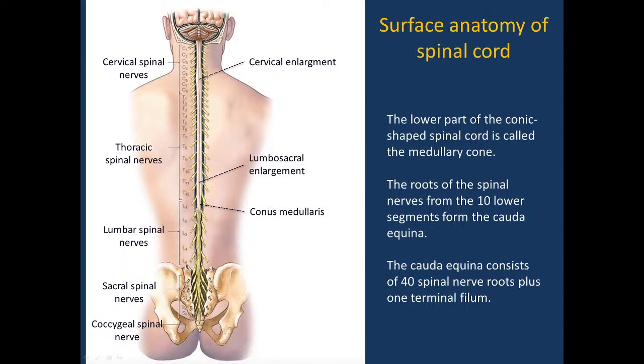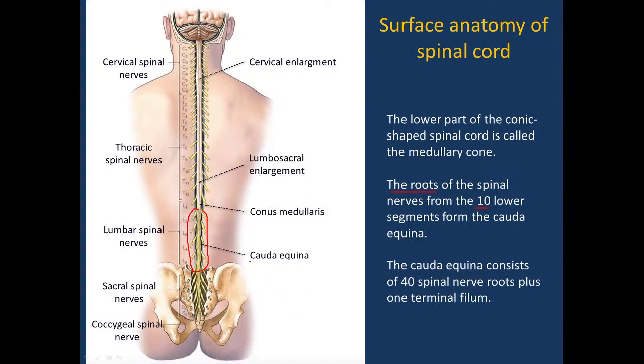Below it, here, you see the structure of spinal nerve roots from the 10 lower segments, and they form the cauda equina.